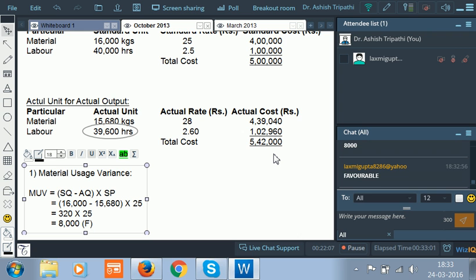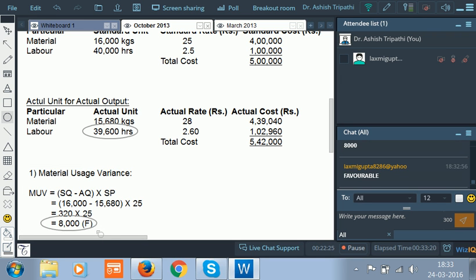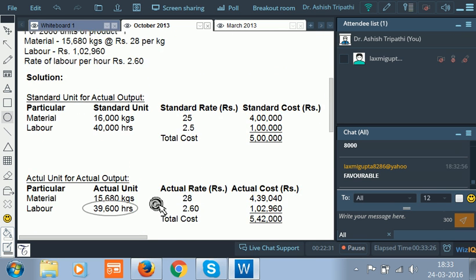So let us write favorable in front of 8,000. Okay, so this was material usage variance. We will circle this answer. We got material usage variance as 8,000 favorable.